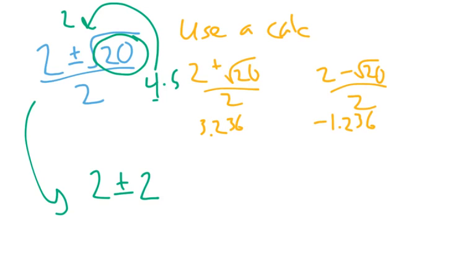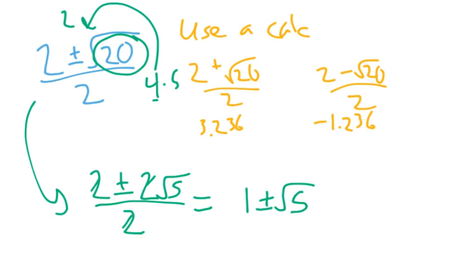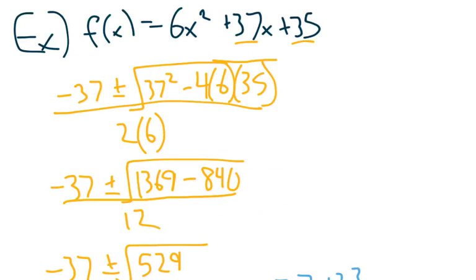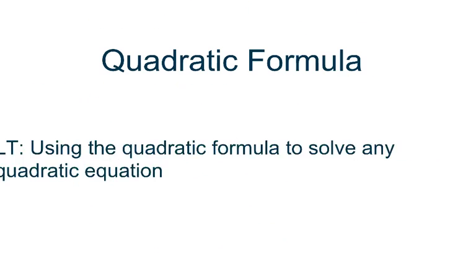So 2 plus or minus 2 root 5 all over 2, which can get simplified because all these 2's here can be factored out as 1 plus or minus root 5. Box that, walk away. You type that into a calculator, you'll get the exact same thing. I just wanted to show you that so you could kind of get a feel for what that might look like.